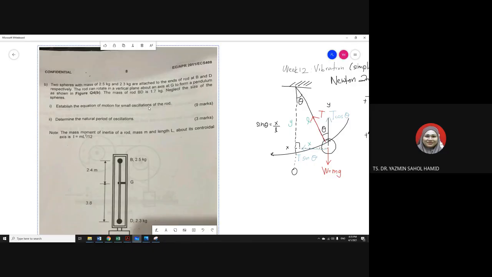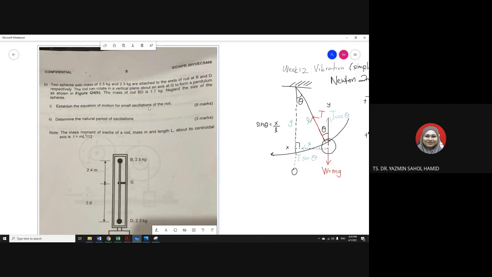So there are two spheres, one at point B and one at point D. Their weights are different, 2.3 kilogram and 2.5 kilogram, and they are attached to the ends of rod BD respectively. The rod can rotate in a vertical plane about an axis G.